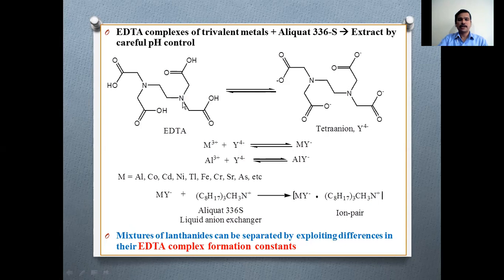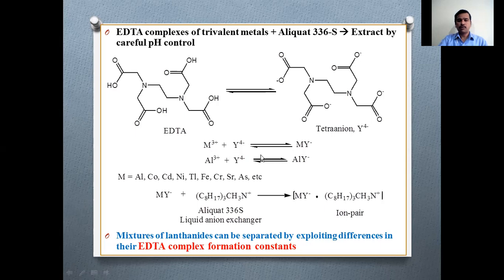Let us take EDTA. When you raise the pH of an aqueous solution having EDTA beyond 8 or 9, EDTA will be converted into the tetraanionic form. All the four carboxylic acids present in EDTA will undergo dissociation to get converted into carboxylate anions. That is written in the form of the tetraanion, that is Y4 minus.